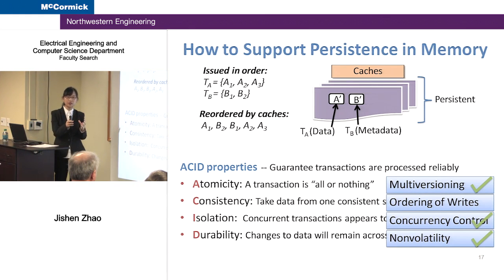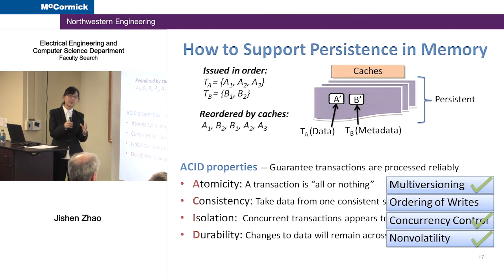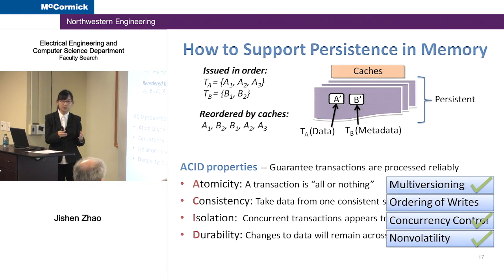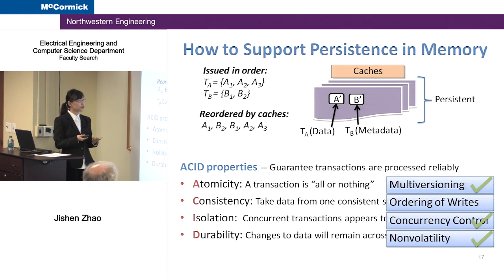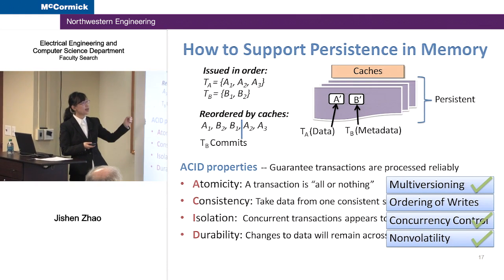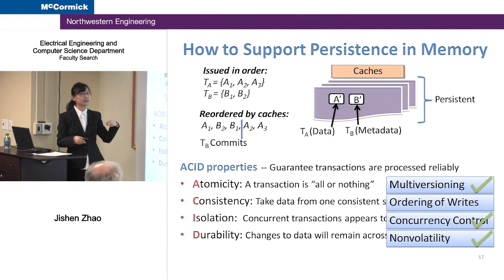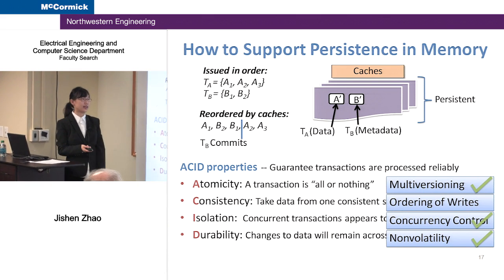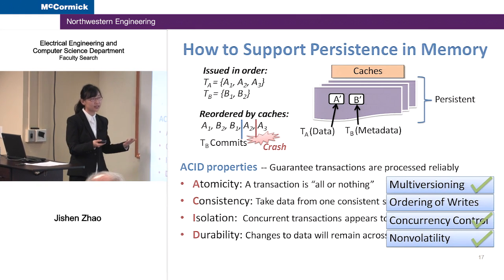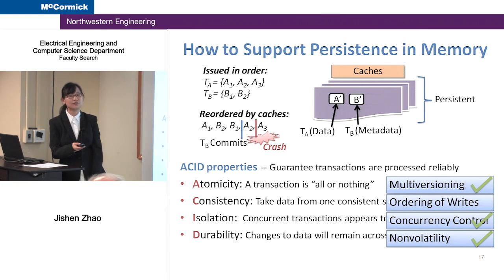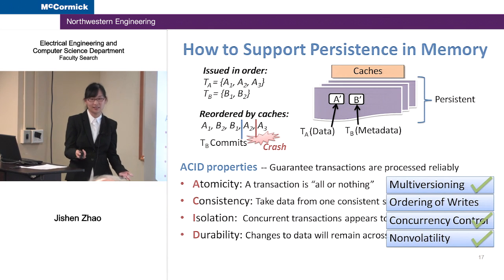Those hardware components will try their best to optimize the system performance by reordering those writes. So without ordering control, the later issued transaction may arrive at the persistent memory and commit before an earlier issued transaction. If the system crashed before the earlier issued transaction is completed, then your metadata will reference partially updated and meaningless data.